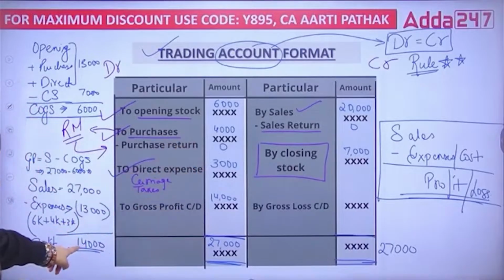Yes, so profit is your 14,000. Correct. Your profit is your 14,000. That is true. That is 20,000. 6,000 plus 4,000 plus 3,000 minus 7,000.